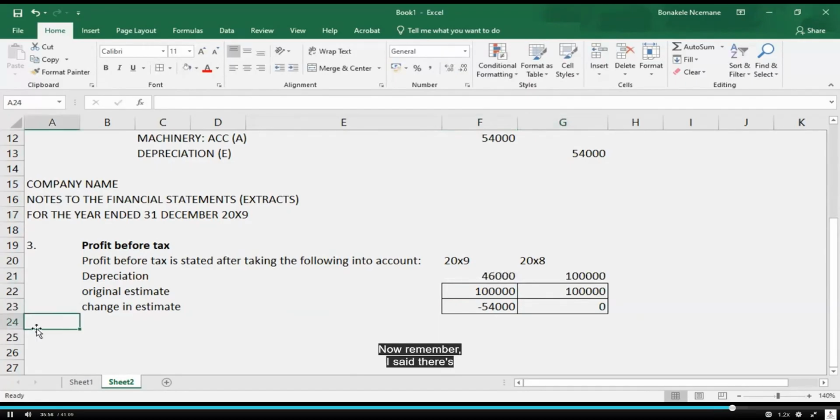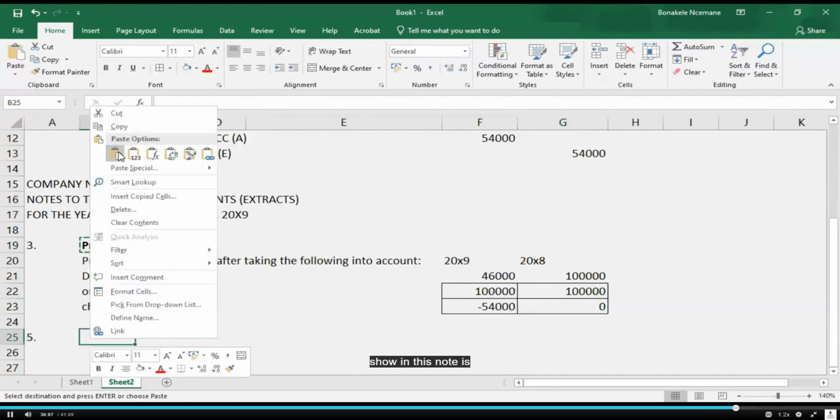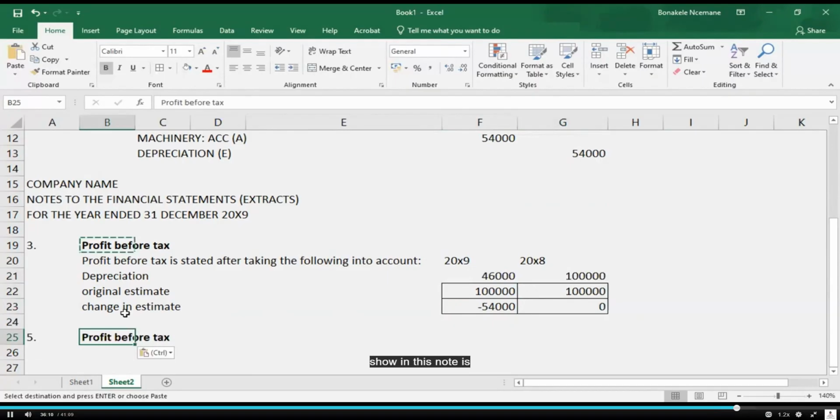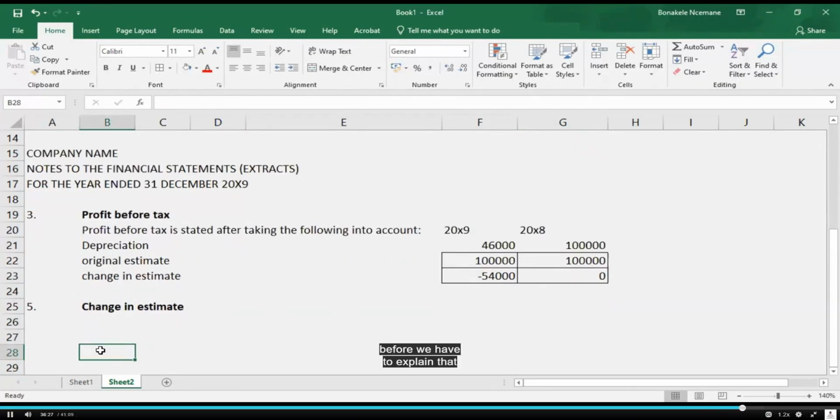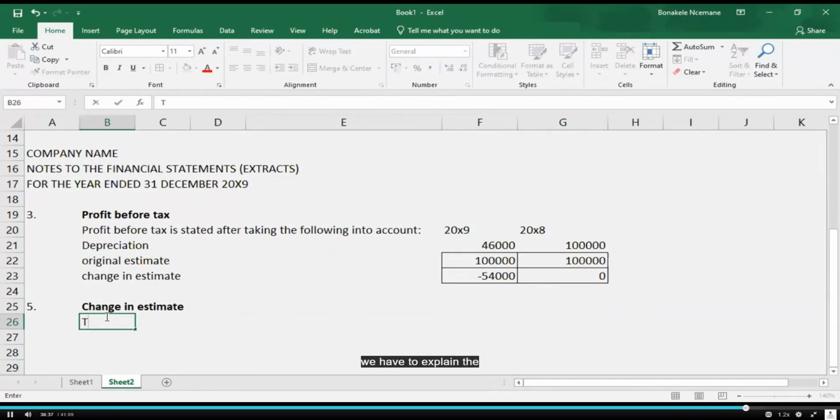Now, remember, I said there are two elements to this note. So there was that element of profit before tax we started with. Now, the second element that we need to show in this note is explaining our change in estimate. We have to explain the actual change in estimate.